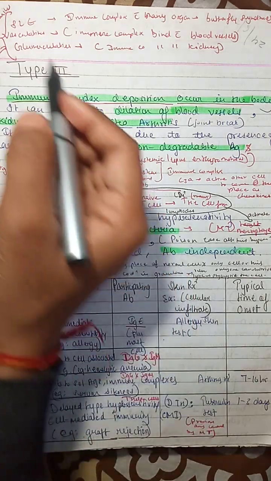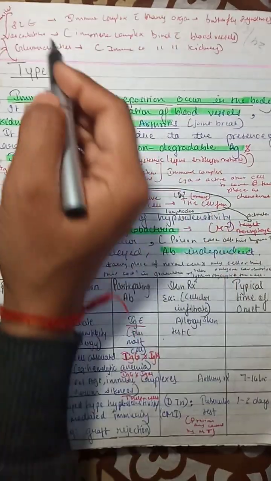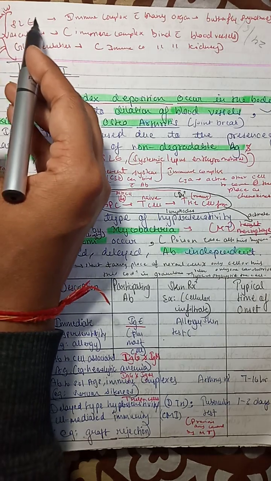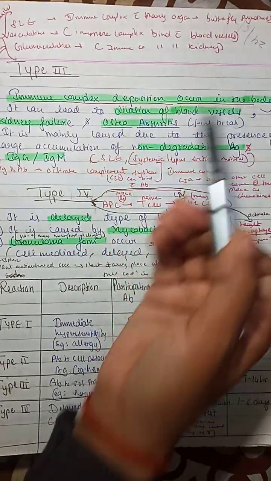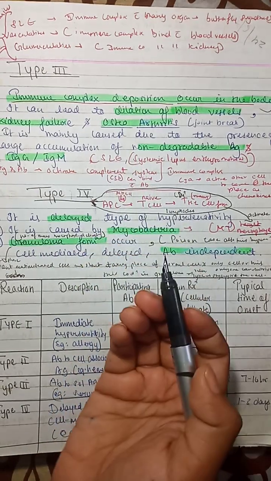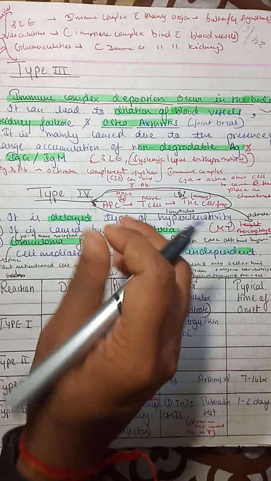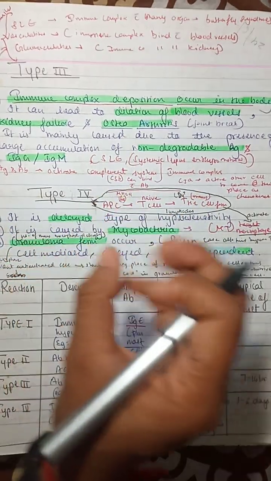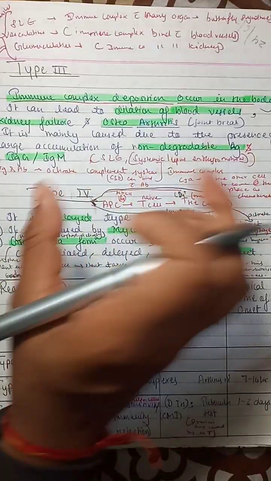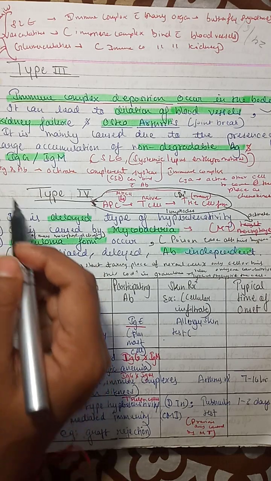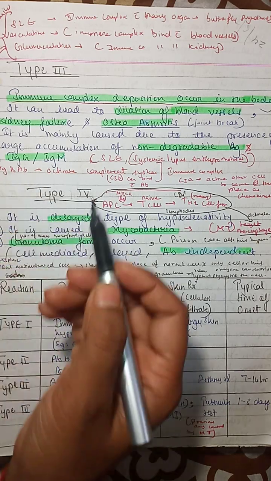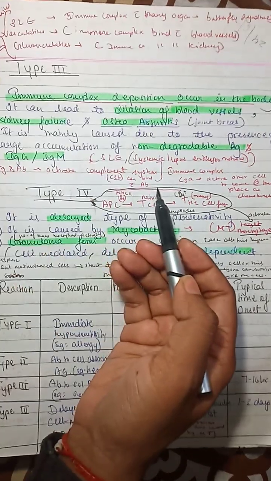For example, SLE, systemic lupus erythematosus, where immune complexes affect many organs. In this, the butterfly syndrome normally happens, with patches on the cheeks that appear like a butterfly. What happens is that an antigen and antibody reaction occurs and activates the complement system.